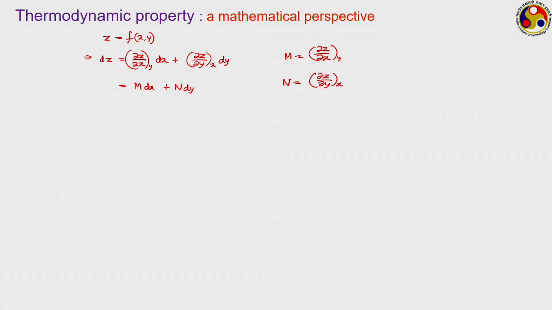Now, if z is a property, then what should be the mathematical relation between m and n?